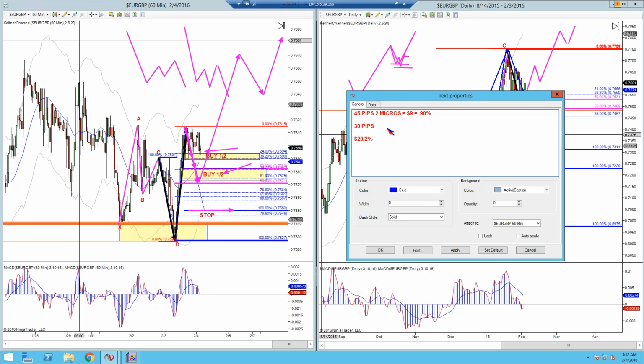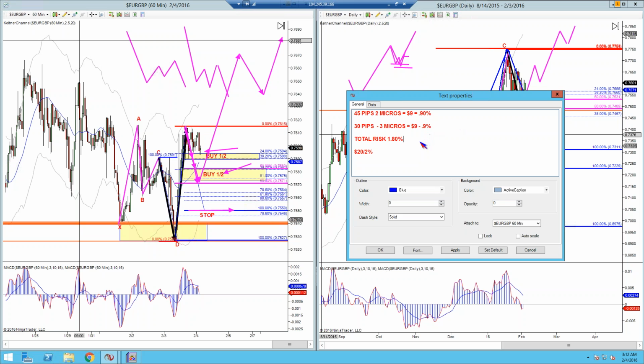We look at 30 pips, and if I wanted to risk another point, I could put 3 micros, equal $9, equal 0.9%. So I could have a total risk of 1.80%. Do you understand?